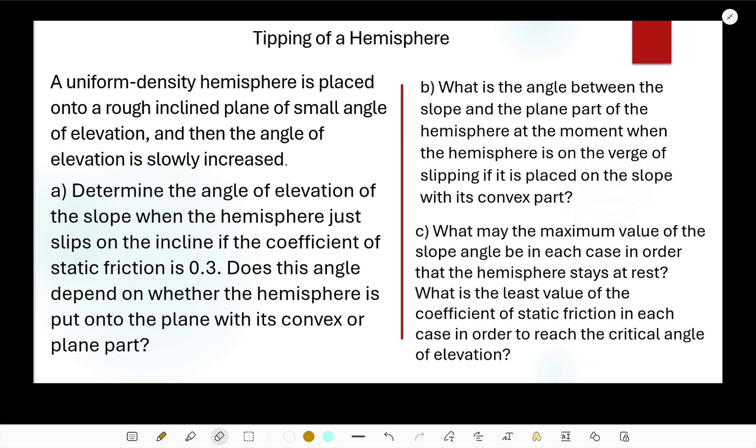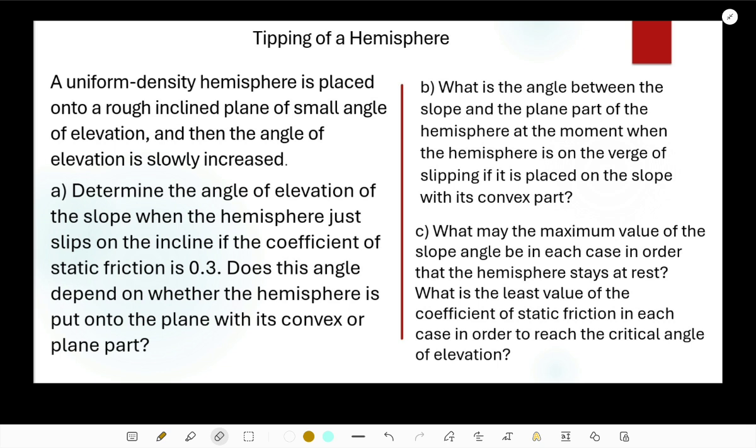And the second part of the problem is, what is the angle between the slope and the plane part of the hemisphere at the moment when the sphere is on the verge of slipping, if it is placed on the slope with its convex part? Part B is when the sphere's convex part is put on the inclined plane.